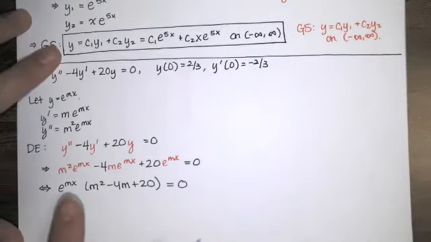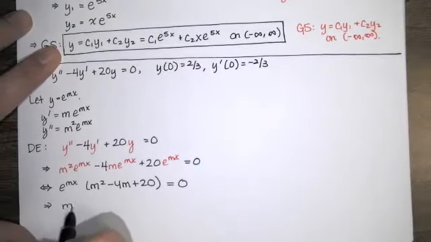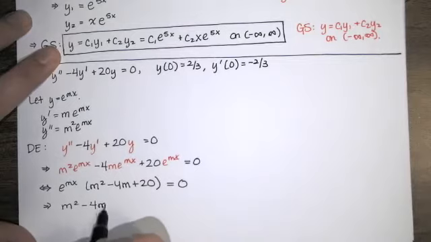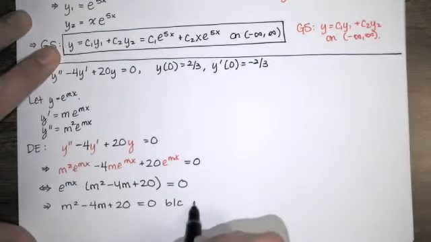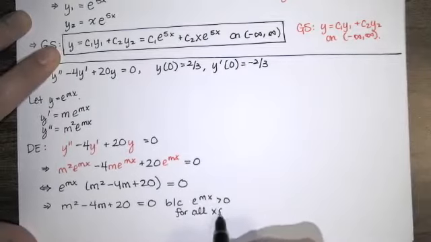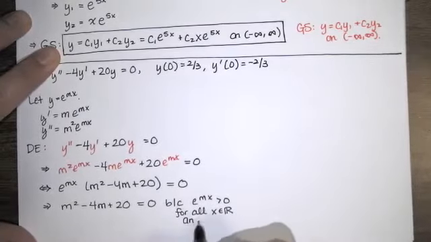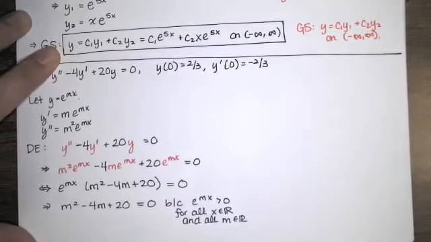And then we're saying the only way that this times this equals 0 is if this equals 0 or if this equals 0. Well, exponentials are never 0. So we have m squared minus 4m plus 20 must equal 0 because the exponential is positive for all real numbers x and all values of m, also real.